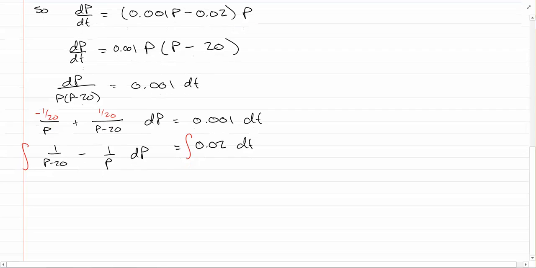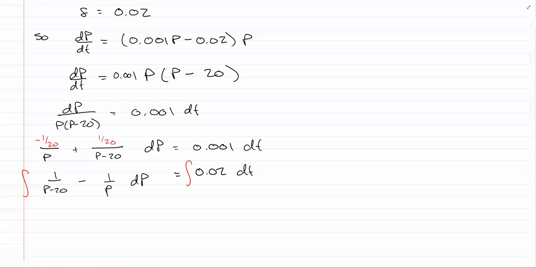The main reason why you factor out the 0.001 up here is that then you don't have anything in front of this p right here. You don't want anything in front of that p because when it gets down to this point, if you don't have any coefficient in front of the p, this becomes a much simpler integral.